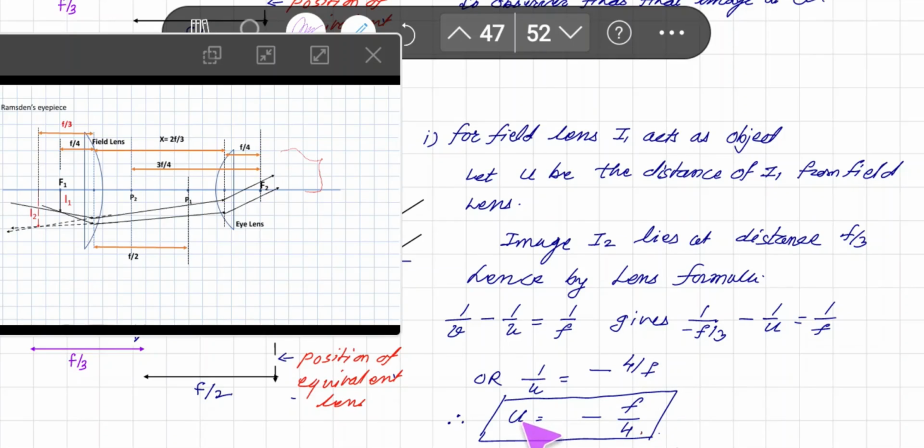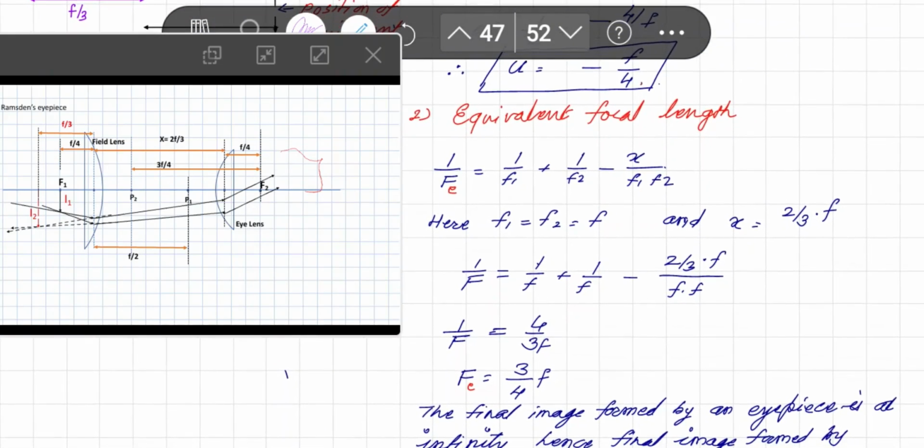Therefore u, that is the object distance for the field lens, is minus f by 4. So the arrangement is made such that whenever the objective of the telescope forms an image, it must be formed at f by 4 distance. So u is equal to minus f by 4.